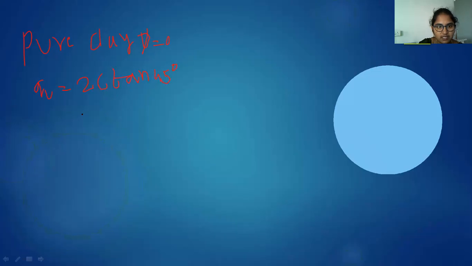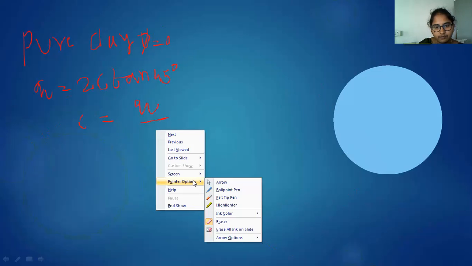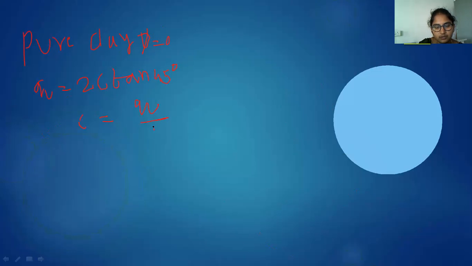Now c is equal to QU by 2. So for clays we know the shear strength formula.